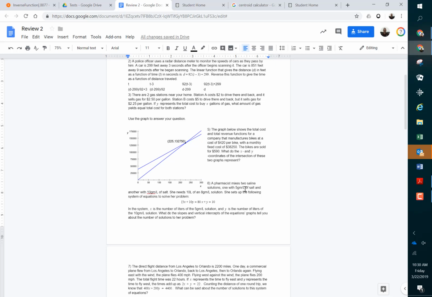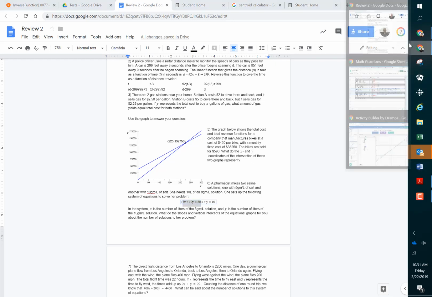A pharmacist mixes 2 saline solutions, one with 5 milligrams of salt and another with 10 milligrams of salt. She needs 10 liters of 8 milligrams of salt. She has the following system of equations: 5x plus 10y equals 80. Let's put that into Desmos.